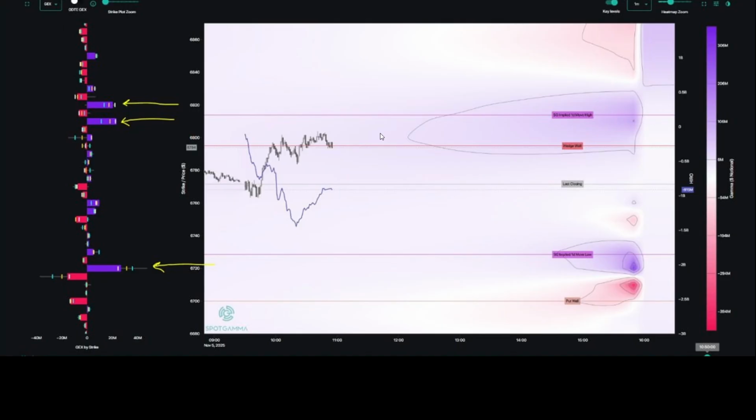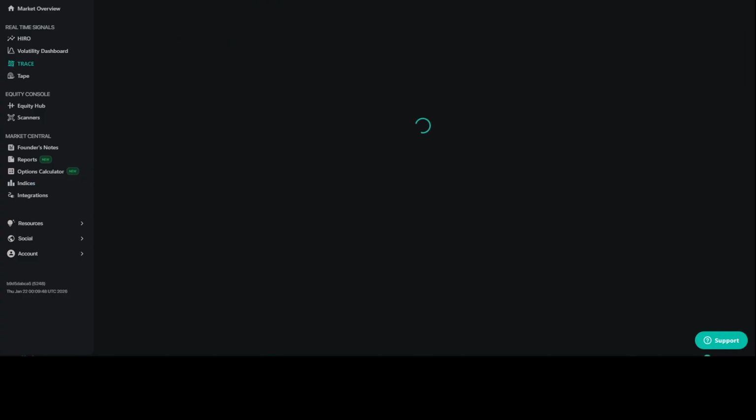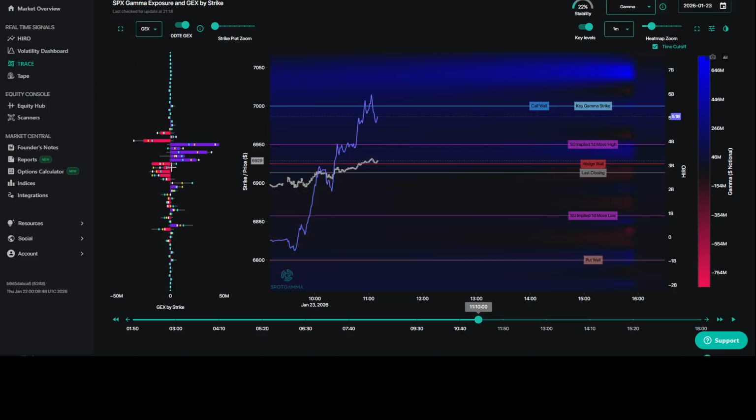This is another example from trades from SpotGamma. Trace is similar to GEX, but the difference is that Trace updates data every 10 minutes.